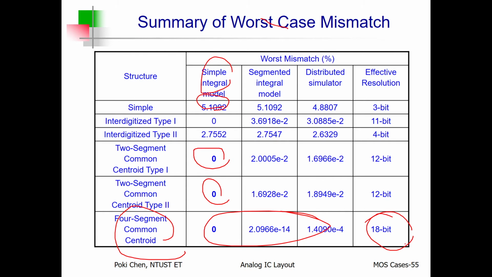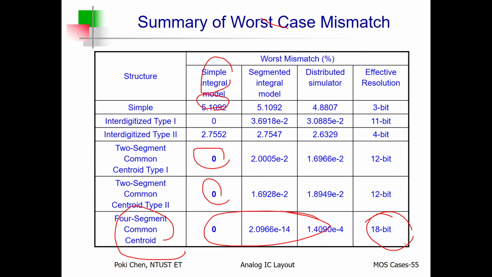It is reported that it can achieve something like 18 bits in accuracy. Wow, it's really amazing and fantastic. However, as I always warn you again and again, nothing is free. You need to pay for it.